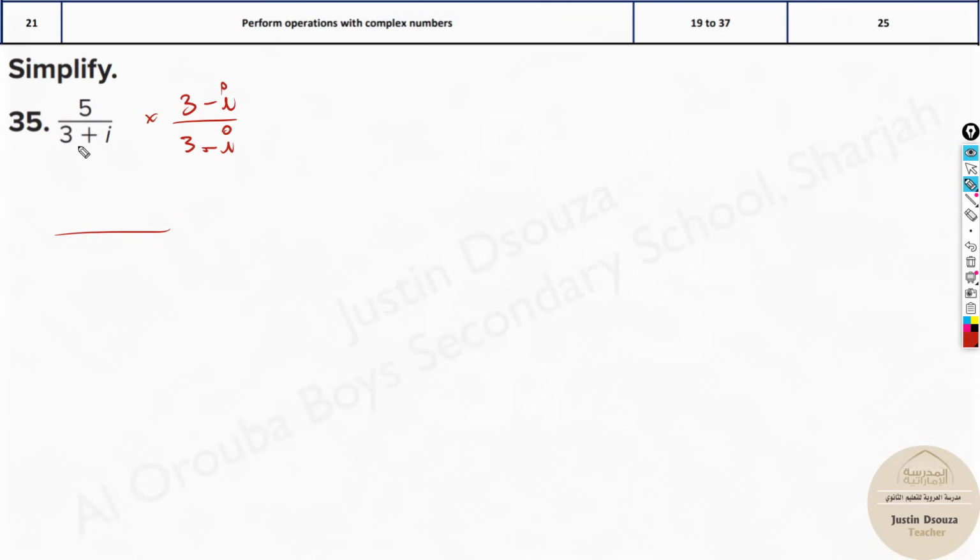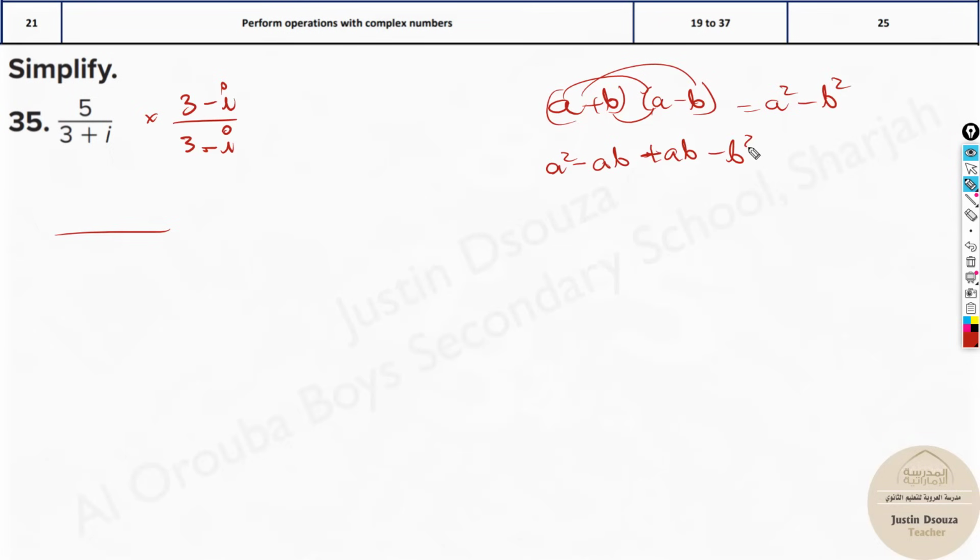Here, the denominator can be done like this. A plus b, a minus b is there, right? We can use the rule of a squared minus b squared. If you're getting confused with this rule, you can just multiply it. A times a is a squared. A times b is minus ab. There will be plus ab.